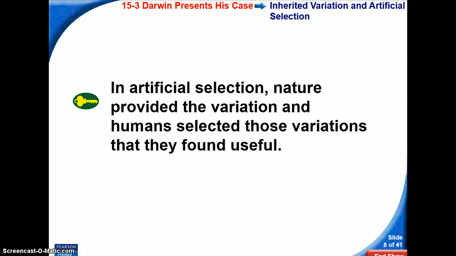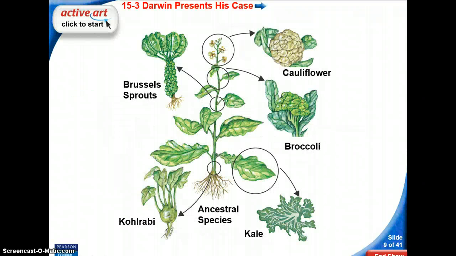Well, in artificial selection, nature provides the variation, the differences between organisms, and humans select the variations that they find useful. Okay, so if we look at it in terms of plant growth, this is an ancestral species in the middle. This species has been around for hundreds and hundreds of years.